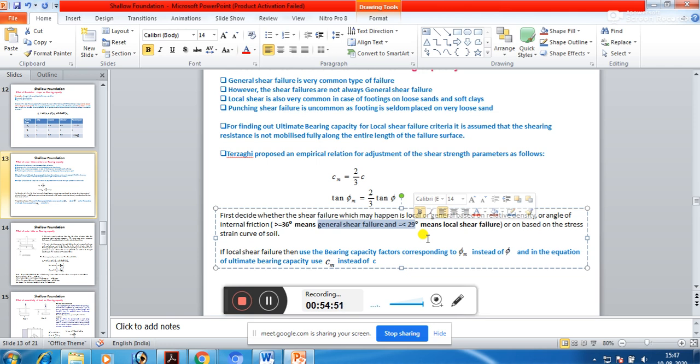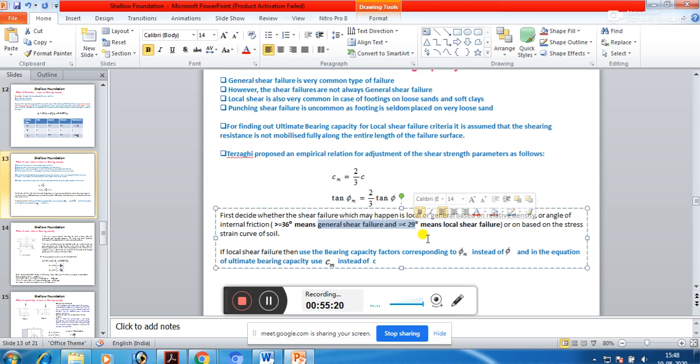as well as we will have to take into consideration some problems where mixed mode of failures are happening. That means the shearing strength parameter, that is the phi of the soil, is remaining somewhere between 29 and 36. Let us say the soil has an angle of internal friction of 30, 31, 32 degrees.